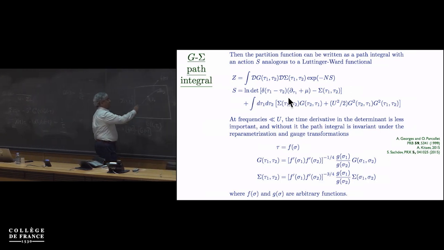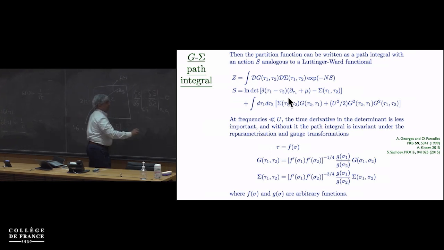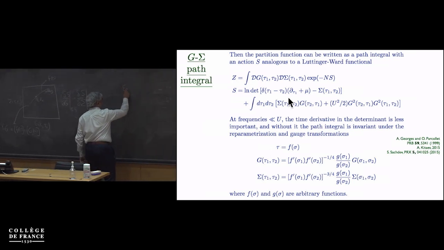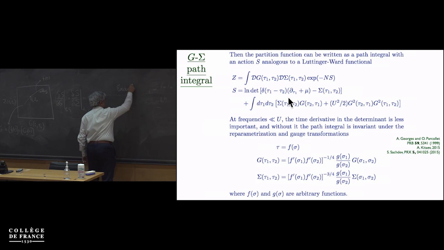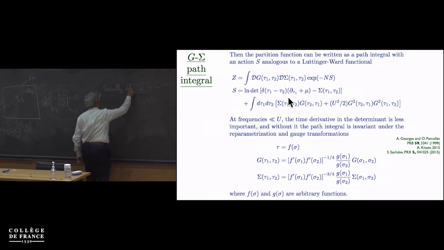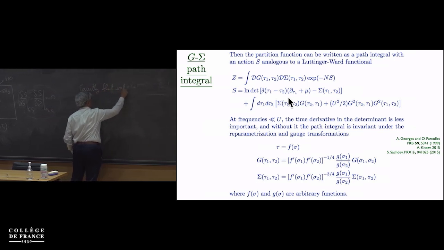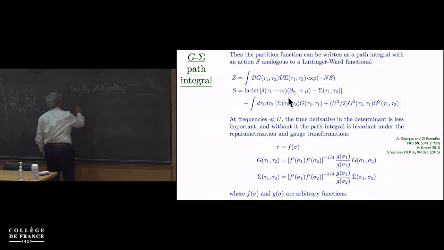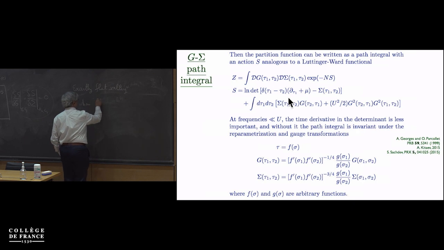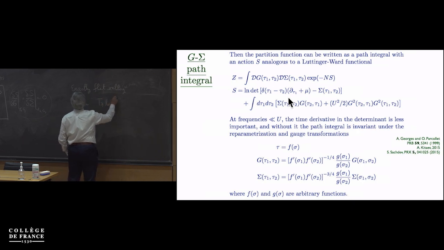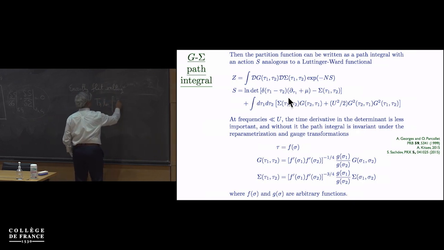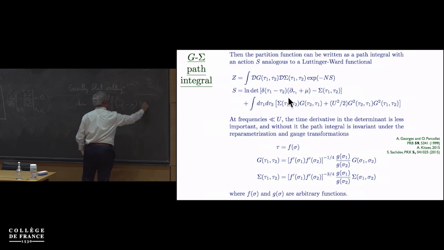So the exactly flat valley, when you just ignore this, you have this trace log, and you have this d by d tau term minus mu times some delta functions, and you have a sigma.